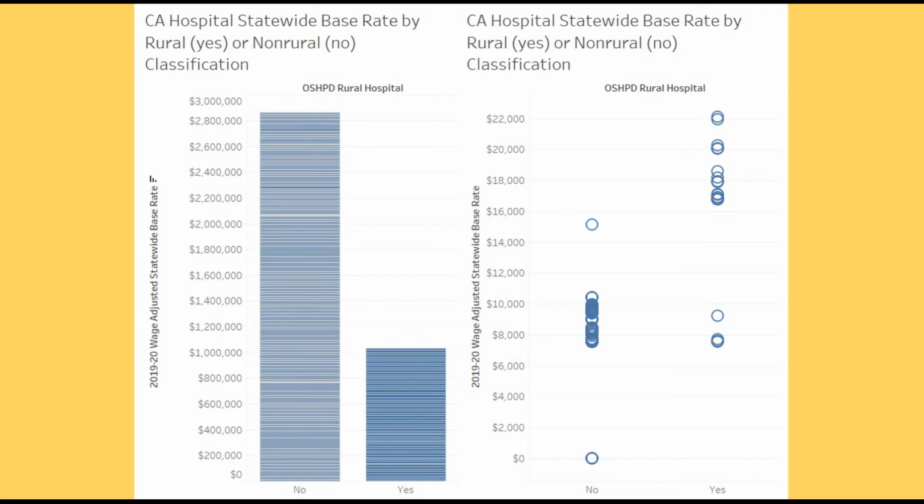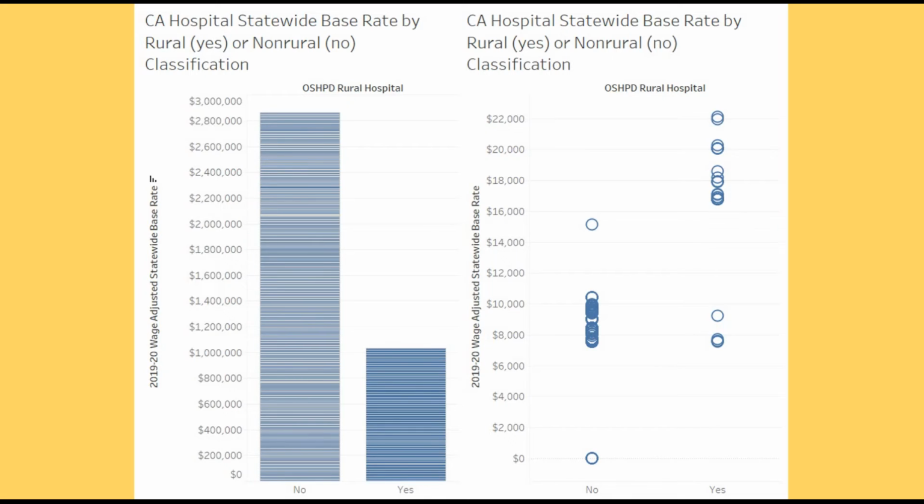Similarly, the data in these two charts are the same. The data this time is California hospital statewide base rate by rural, yes, or non-rural, no classification. Again, on the left, I utilized a stacked bar graph to show the overall sum of base rate per provider for the non-rural classified hospitals.